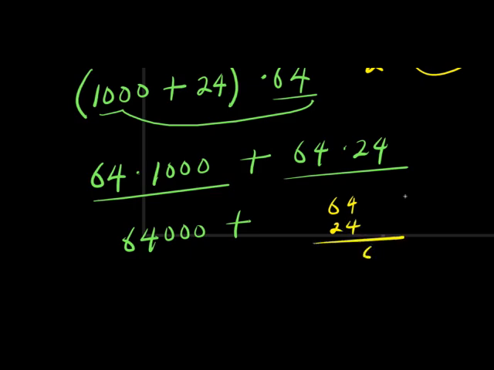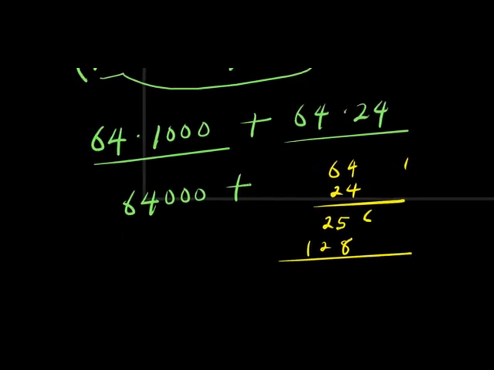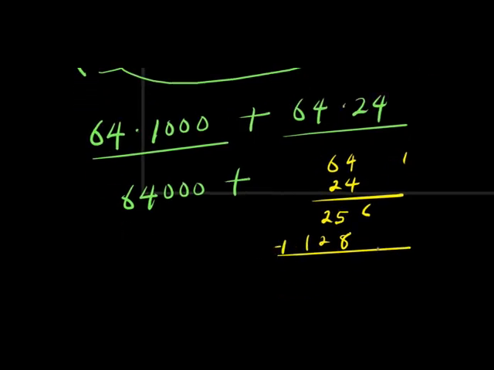4 times 4, 16, 6 over 1. 4 times 6, 24, 24 plus 1, 25. 2 times 4, 8. 2 times 6, 12. We add up 6. This is 13. 3 over 1, add here 5. You have 1536.